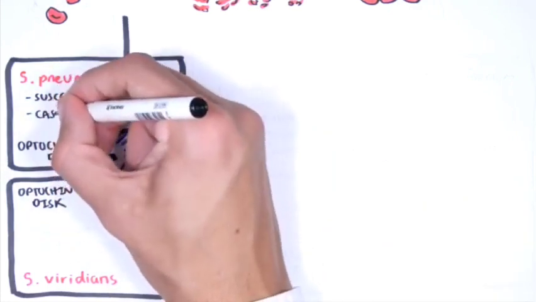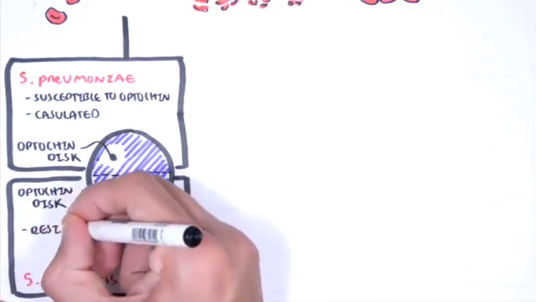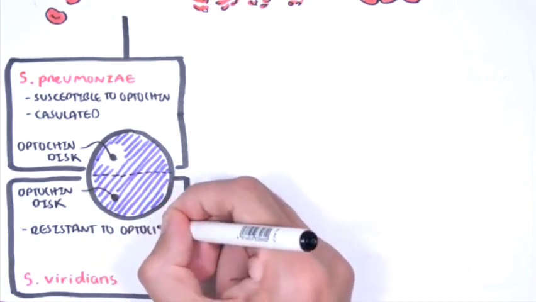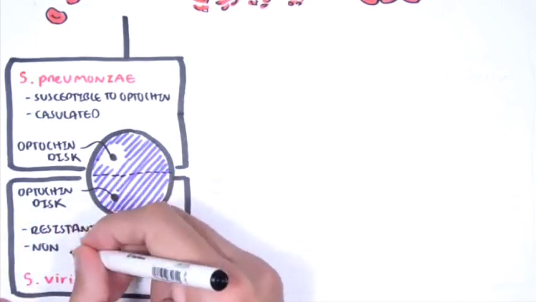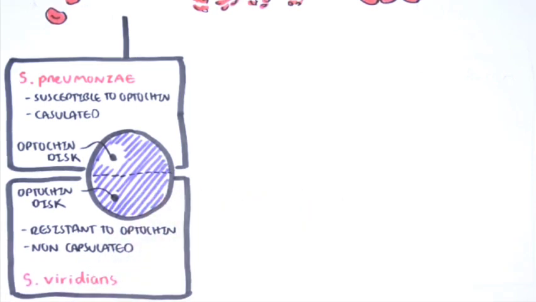But another feature of Streptococcus pneumoniae is that they are a capsulated organism. They have a capsule. Streptococcus viridans, on the other hand, is resistant to optochin and does not contain a capsule. And so on this plate, surrounding the optochin disc, Streptococcus viridans still exist because they're resistant.